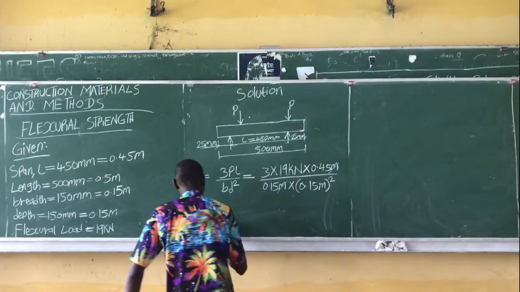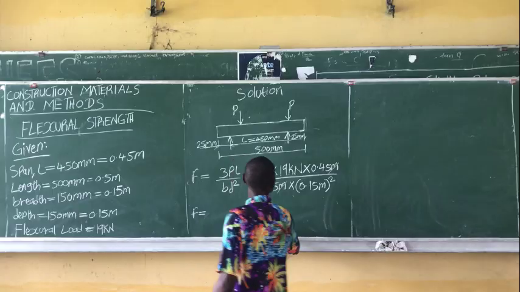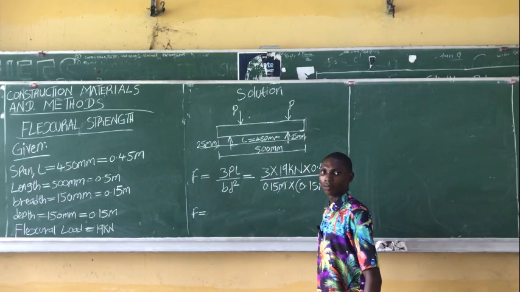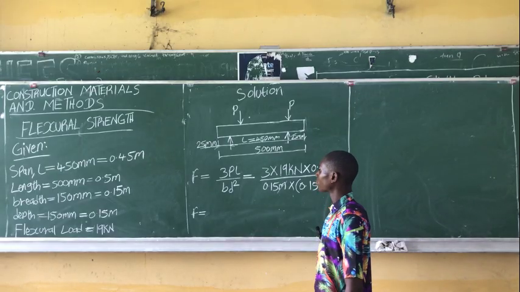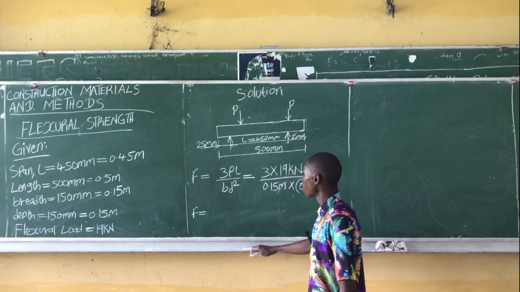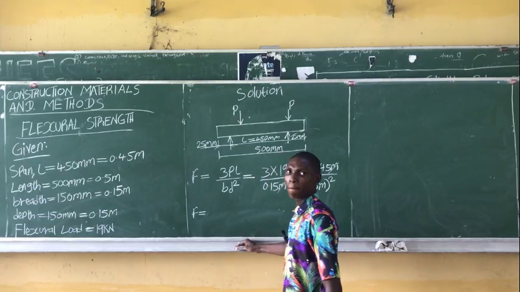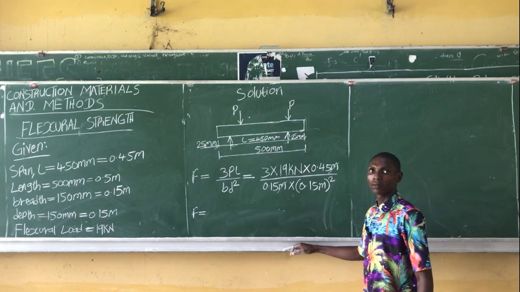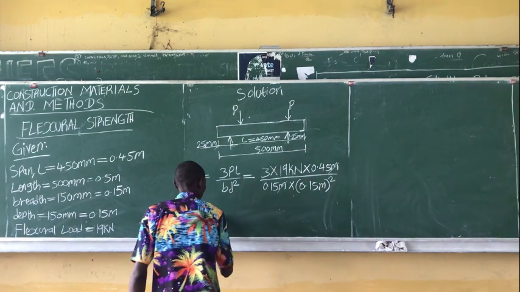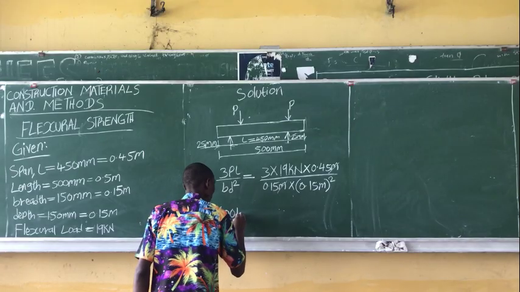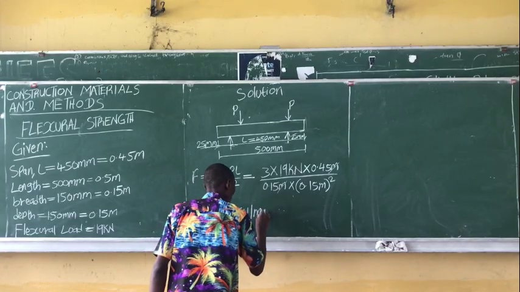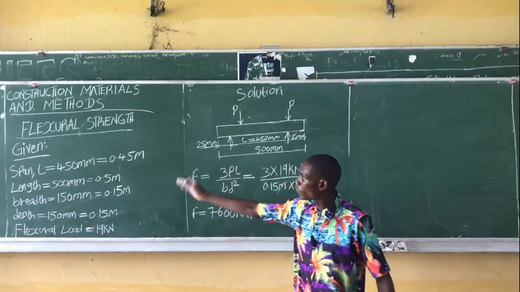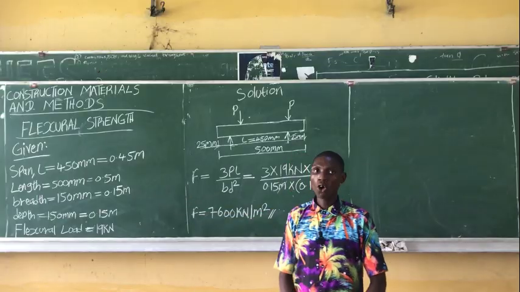So we have our flexural strength to be 7,600 kilonewton per meter square. Okay, so that's how to determine our flexural strength when we are given the parameters, the dimensions of our beam.